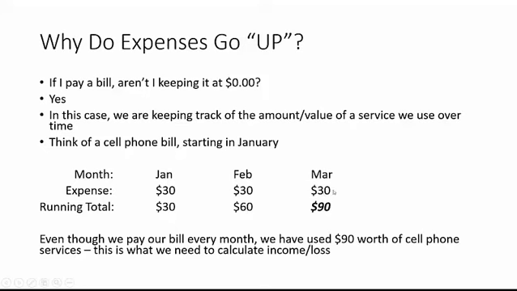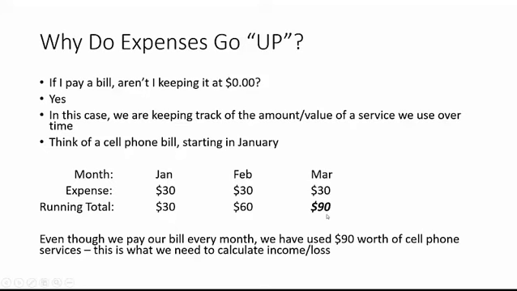Then in the third month, you've used another $30, which, even though you've paid it all off and you owe nothing, means you've now used up $90 worth of that service. If you had budgeted $100 to cover all your cell service, you would have $10 left over.